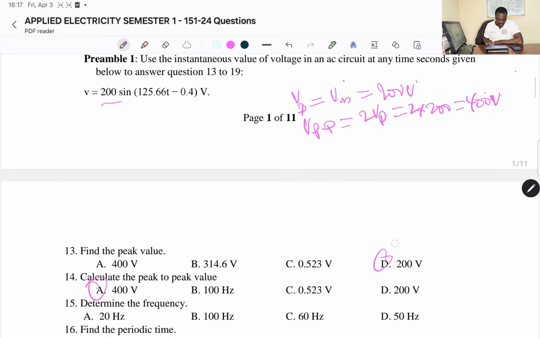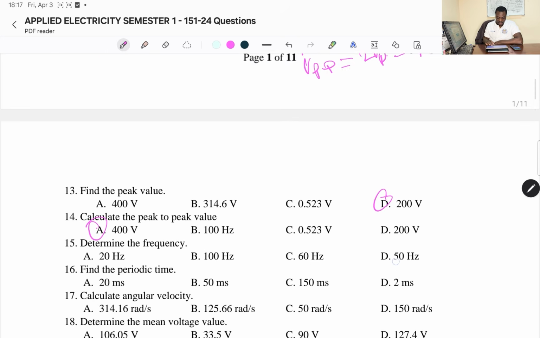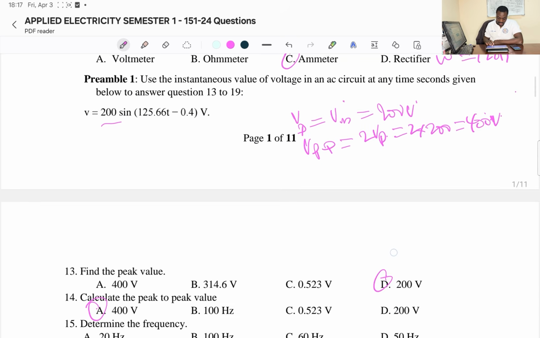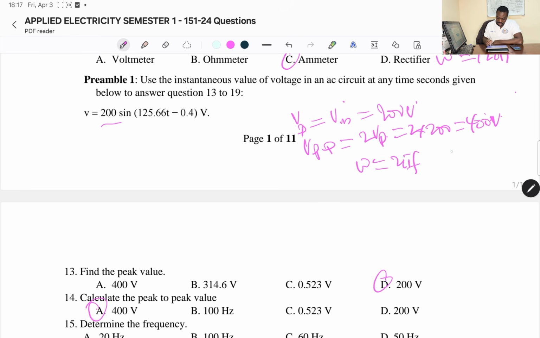Question 15. Determine the frequency. To find frequency, we know angular velocity equals 2 pi f. So if we make frequency the subject, we get angular velocity over 2 pi. So we have angular velocity from here equals 125.66 divided by 2 pi.